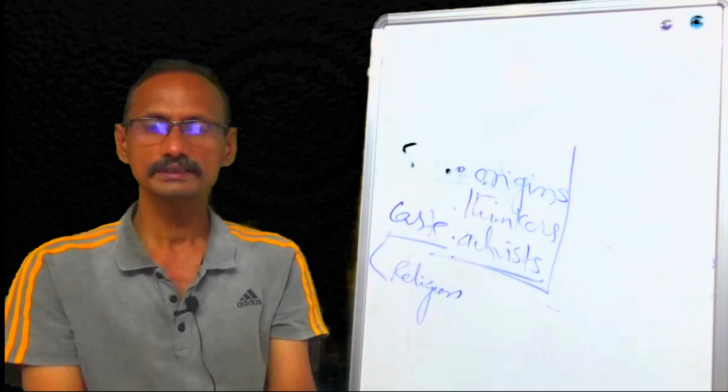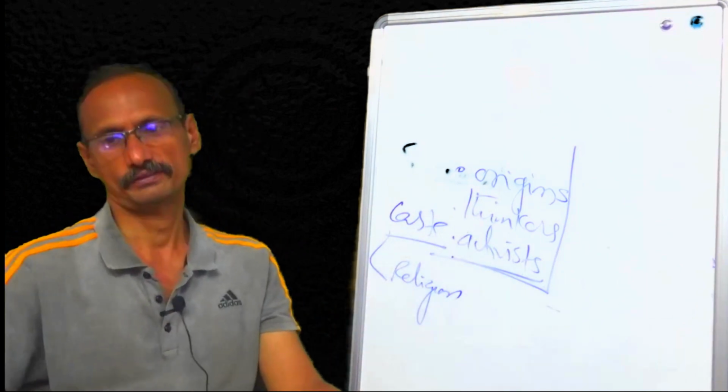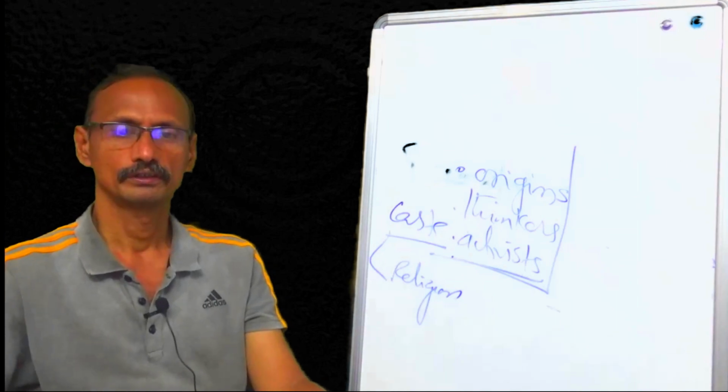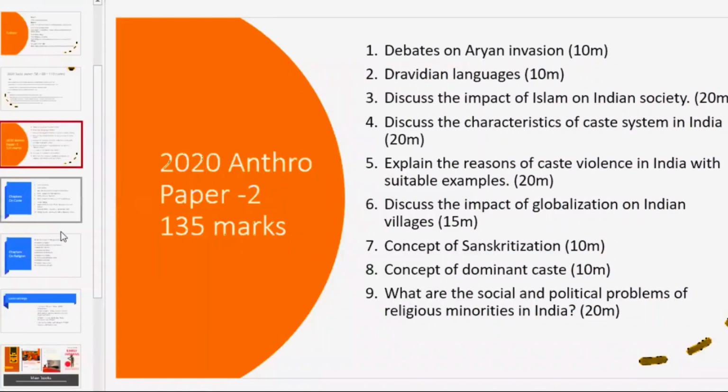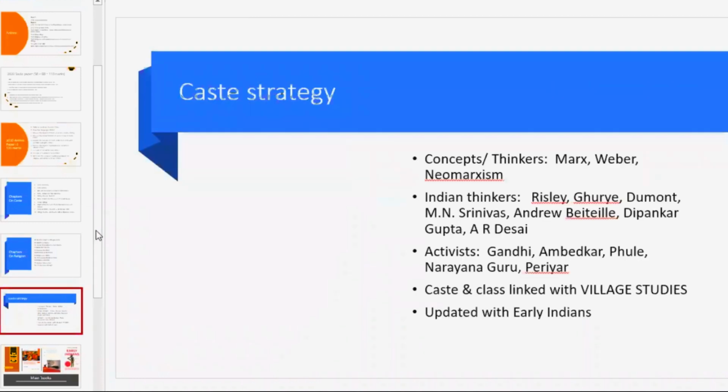And in thinkers, I covered thinkers related to stratification. Okay. So for example, this is what I did. This is the strategy of caste. Thinkers I covered are Marx, Weber, Neo-Marxism, Risley, Ghurye, Dumont, M.N. Srinivas, André Béteille, Dipankar Gupta, A.R. Desai.